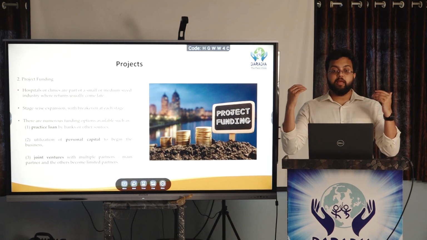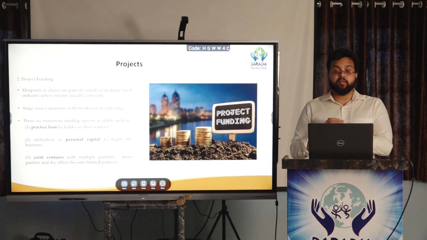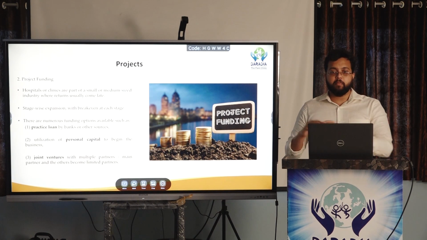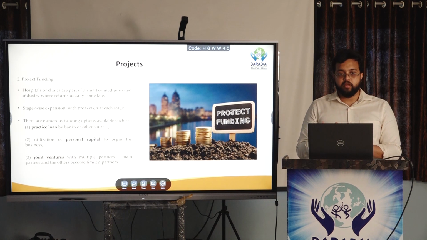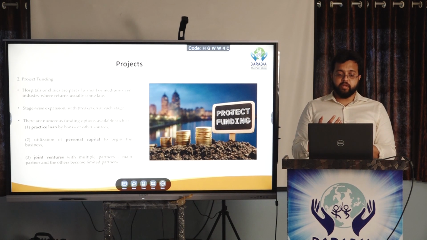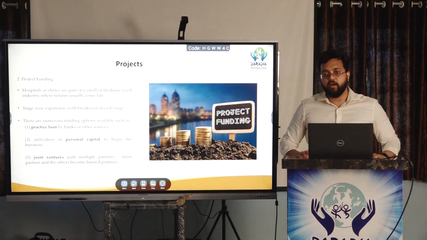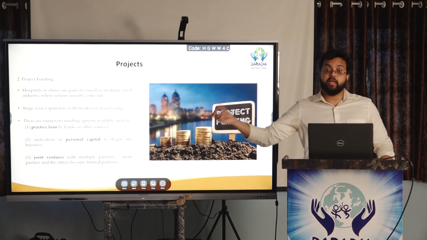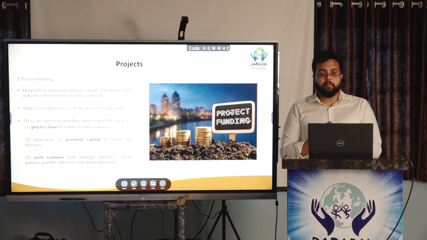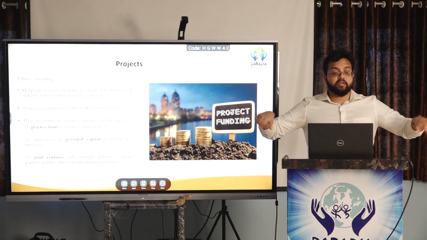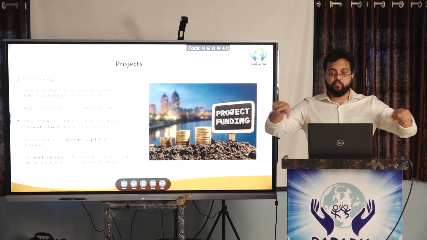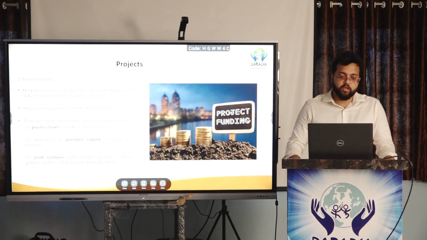So the entire liability is not on you. You're not risking your entire personal capital, but it's a group of people who will also bring in their expertise, their experience, their contacts, their patients. So it helps in both ways: to reduce your liabilities and to reach a larger group of patients.